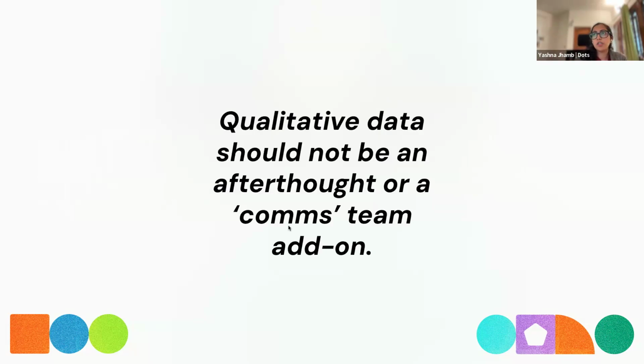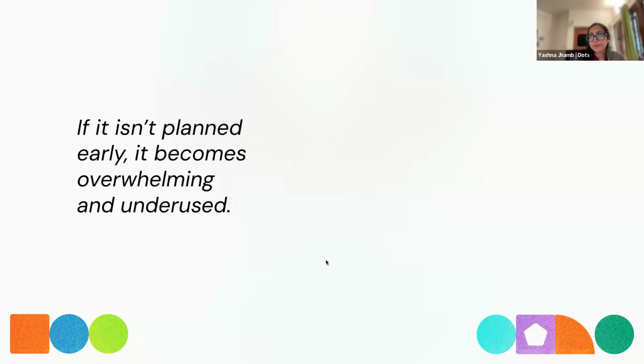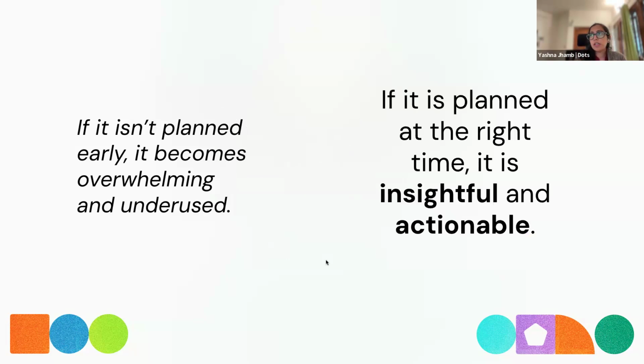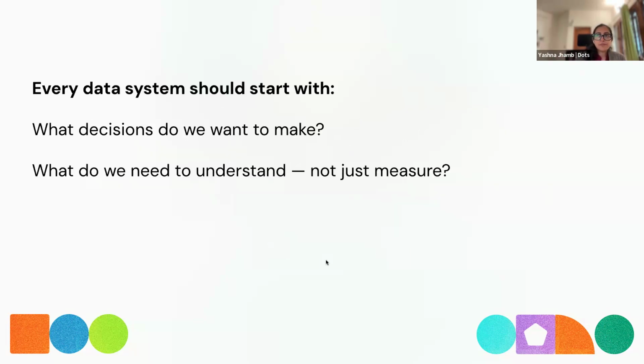Often we've seen qualitative data is an afterthought, or a comms team add-on: let me just add some qualitative indicators on this piece. If not planned early, it can become extremely overwhelming and underused. But if it is planned at the right time, it is actionable and insightful for program design and advocacy, because you've included that insight while collecting or planning the data.